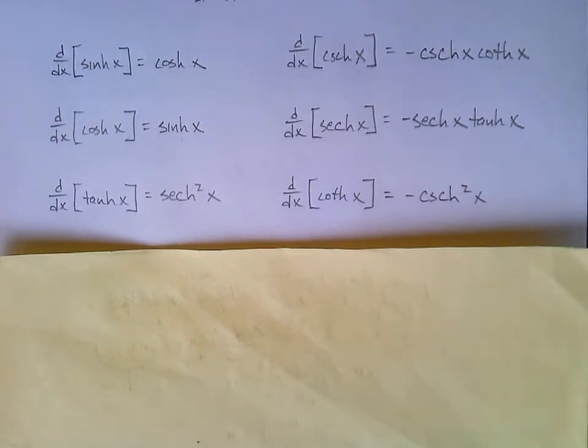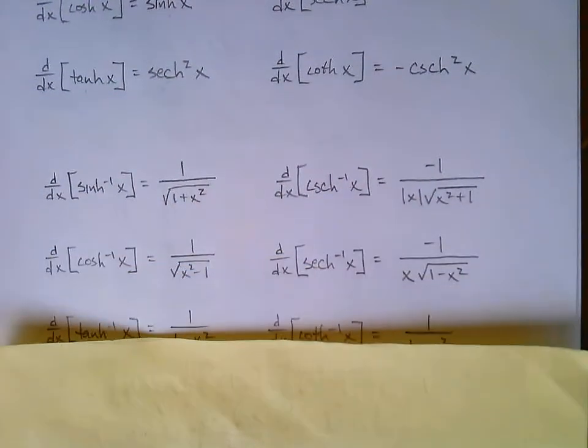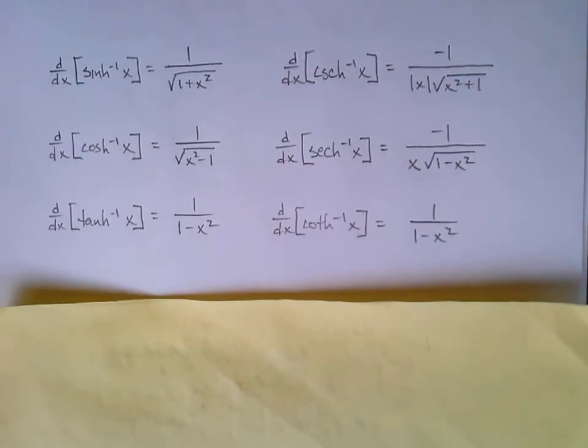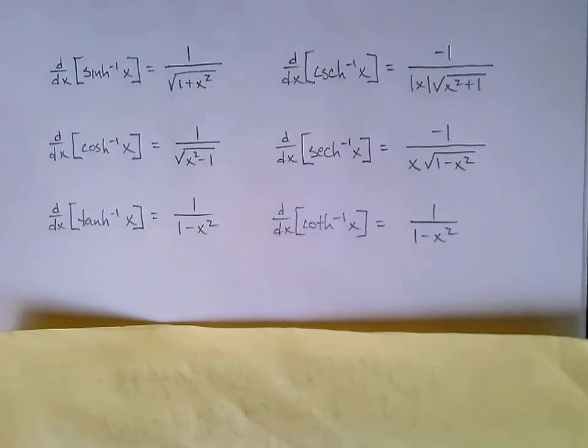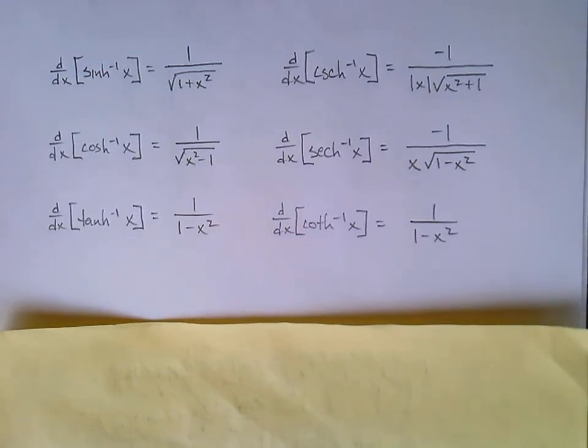But we're not done. Just like the original trig functions all have inverses, all of these hyperbolic functions have inverses as well, and those inverses all have derivatives. Oh no, this chill just went down your spine. 6 more derivatives.